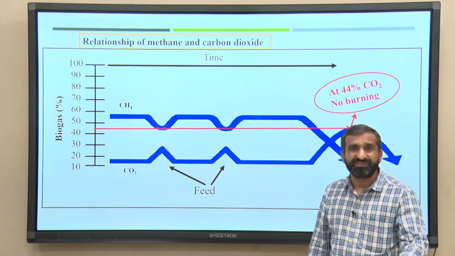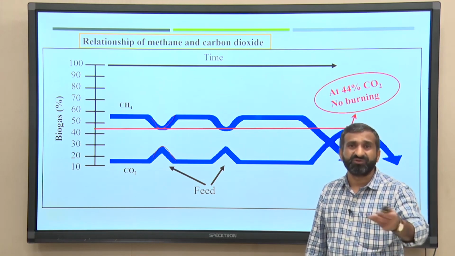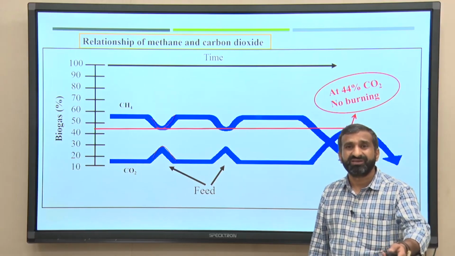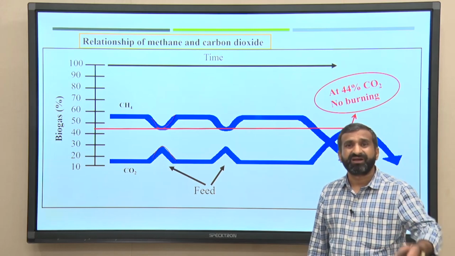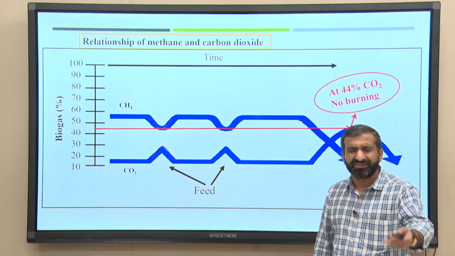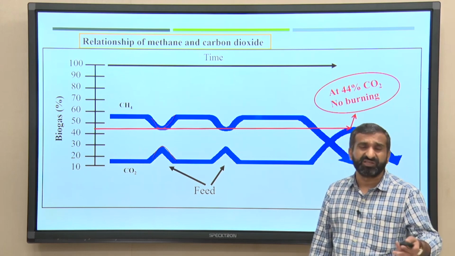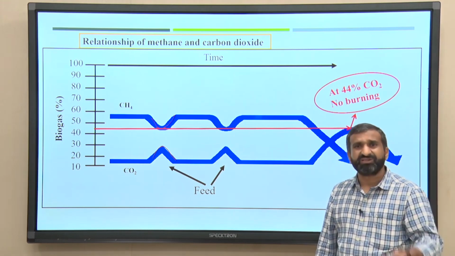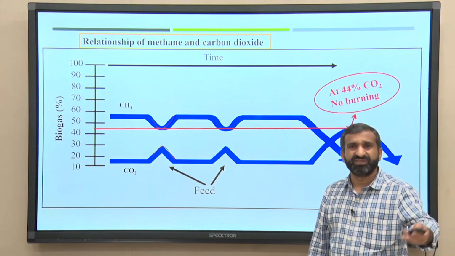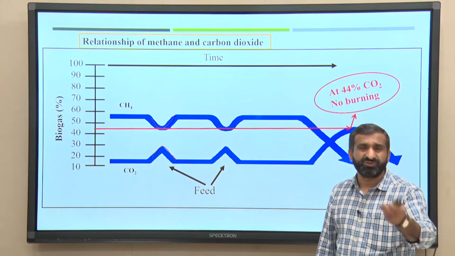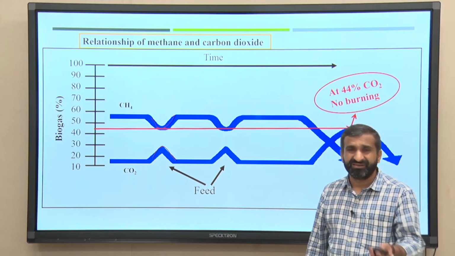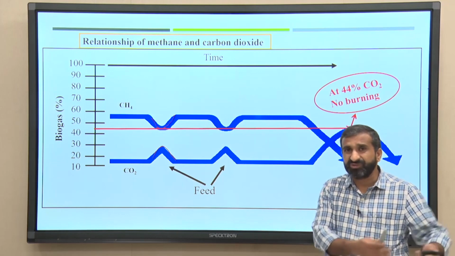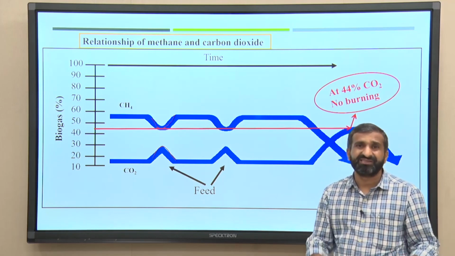I think the feed was changed. They were working on cow dung, or mostly cow dung, but later other kinds of feed were also utilized in the biogas plants, like kitchen waste and waste during festivals. A large amount of organic waste was generated and disposed into the reactor, and the entire reactor became acidified because kitchen waste is highly acidic in nature.